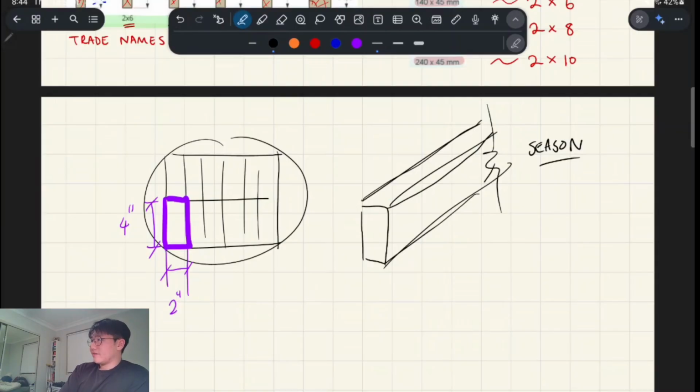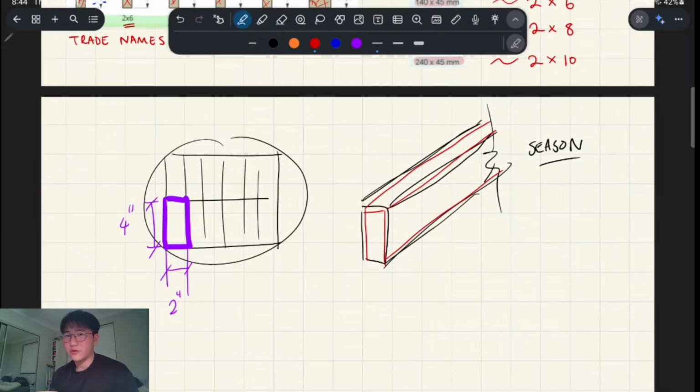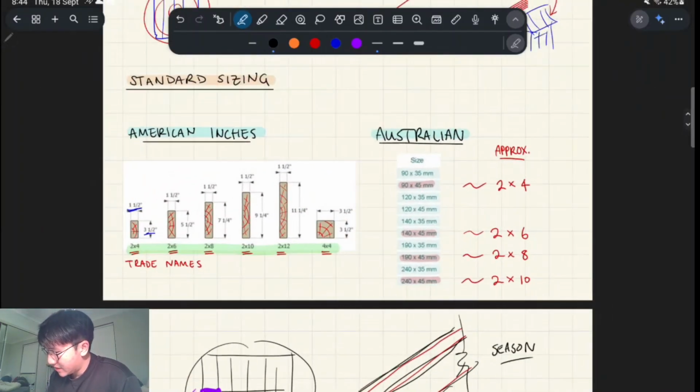At this stage, if you want to refine your wood to be perfectly square, as in these cross sections perfectly square, we're going to have to erase material again. And in that process, we're losing more and more of our cross-sectional dimension. Cool. So that's how that works.